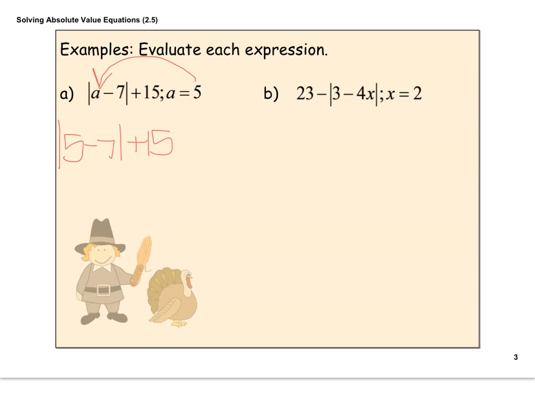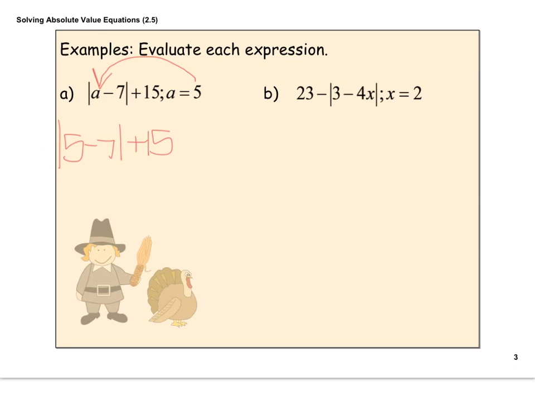Now, our calculators, they are very smart things, and they do order of operations for us, but they're actually not smart enough and programmed to do absolute value. So when we do this, what we have to do is absolute value is a grouping symbol. So I have to do this first.